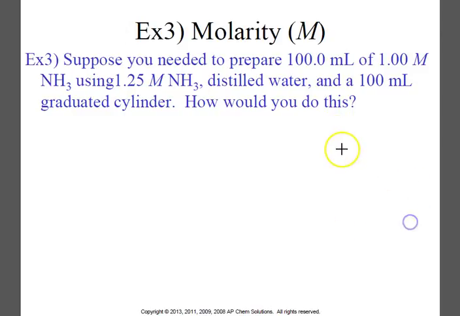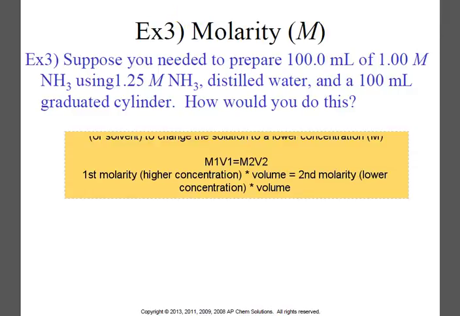See if I can make this text box bigger. Sorry, that disappeared. Rewind, okay, if you need that information again. So we've got M1 V1 equals M2 V2. So first off, here is the information about, there's the box back if you need it.